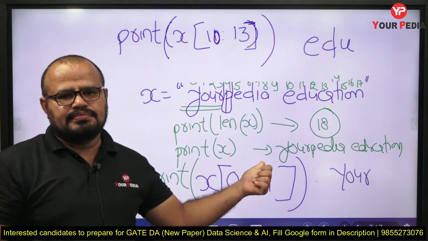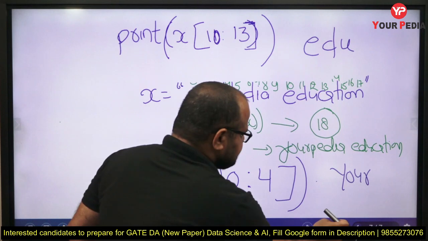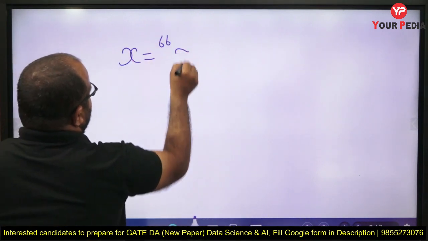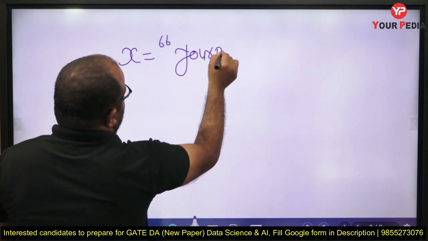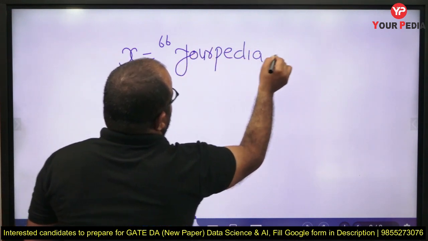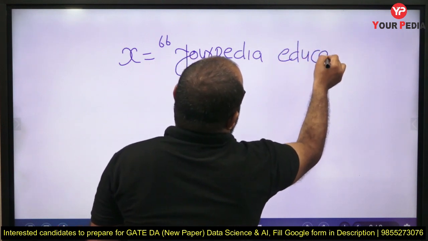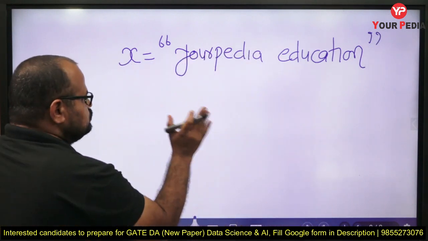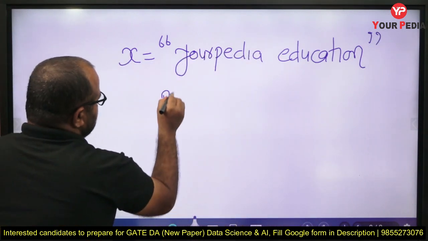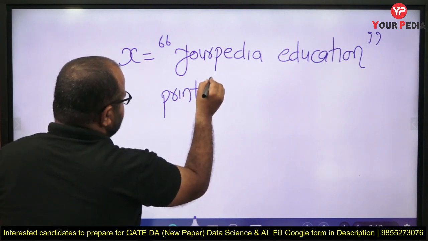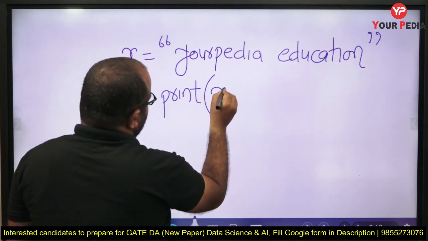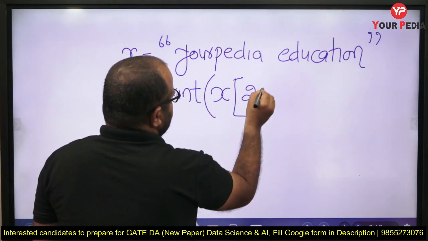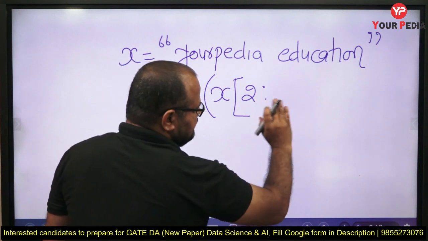Keep in mind. Now the next case: suppose you want to print the string X from index 2, and you are not mentioning the last part.